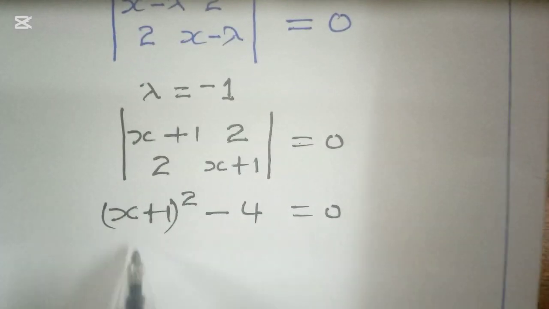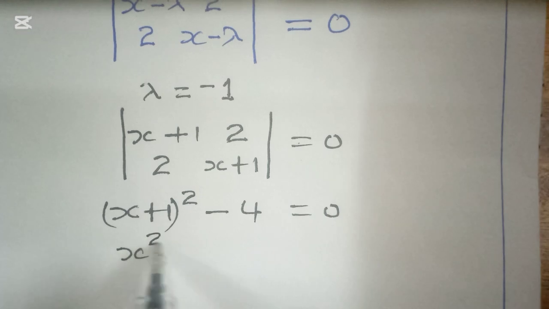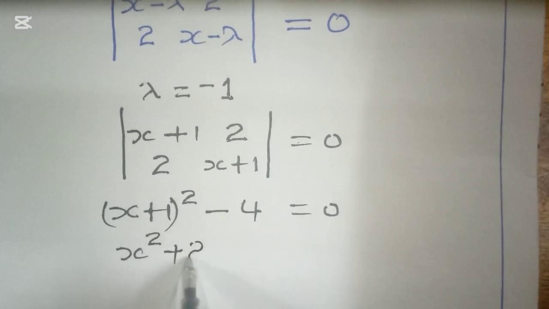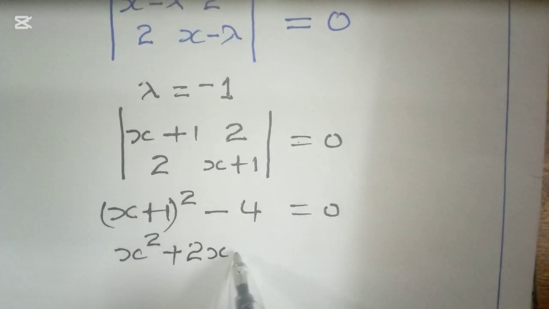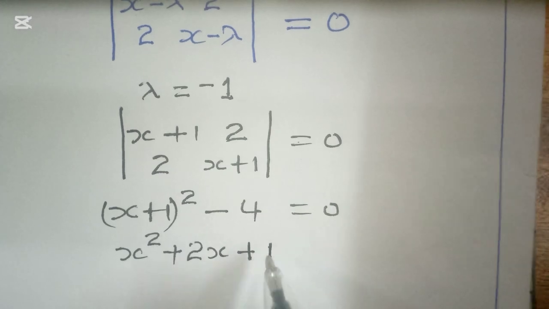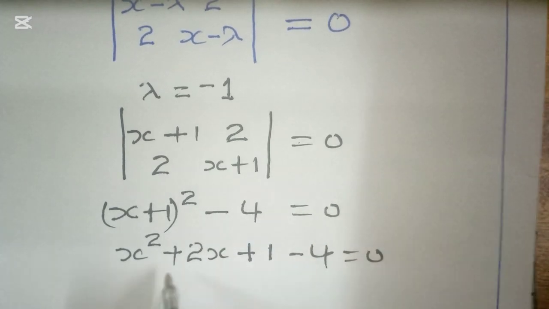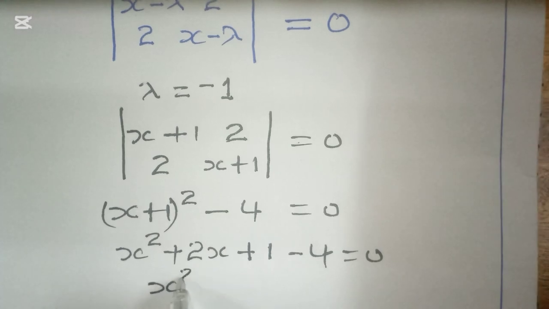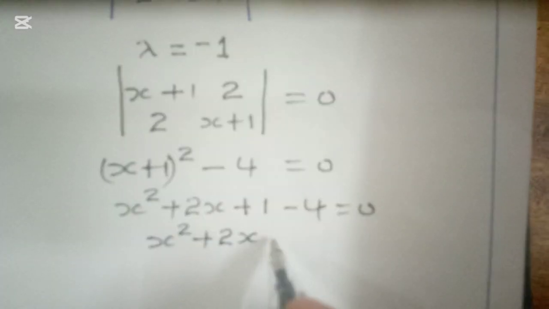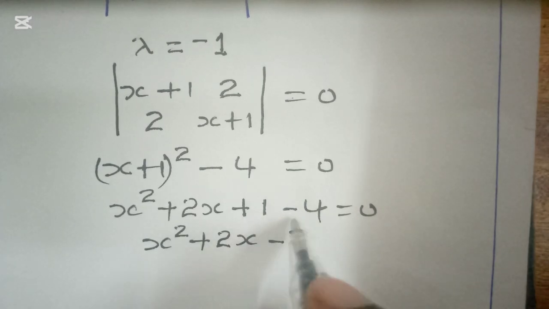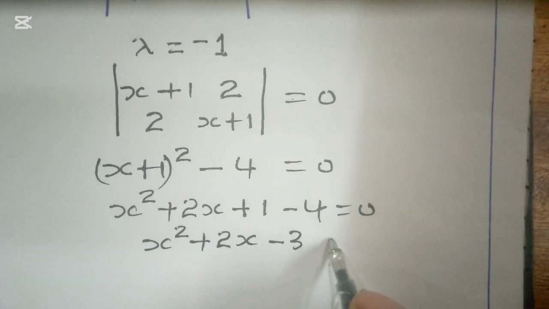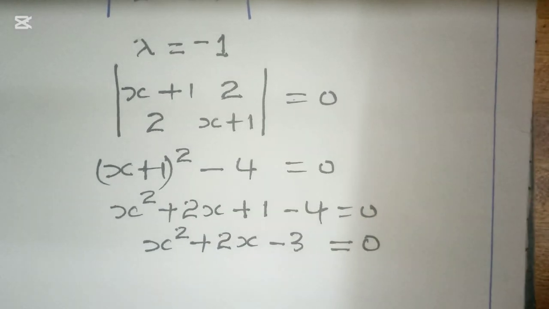Doing this, you get x squared plus 2x plus 1, minus 4, which should give us 0. So we shall have x squared plus 2x minus 3, that is 1 minus 4 is minus 3. This gives us 0.